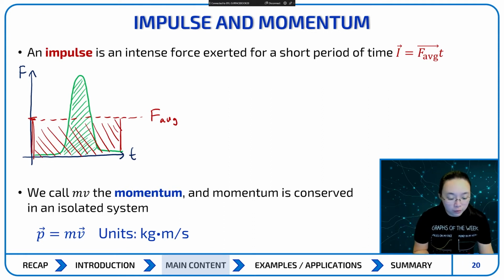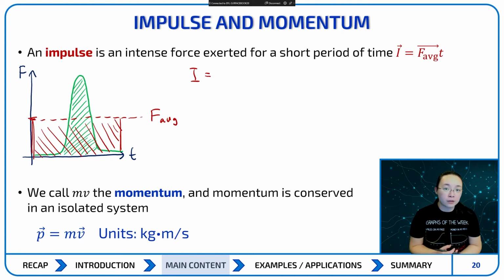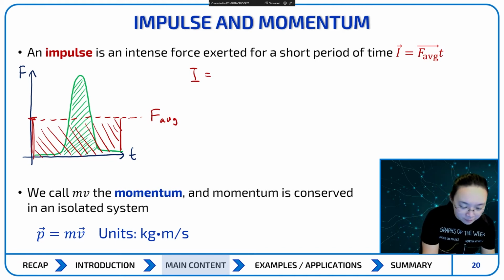So it's a very good approximation, and that means I can say that I, the impulse, which is the area underneath the curve that we're trying to solve for, is equal to the F average multiplied by delta t.